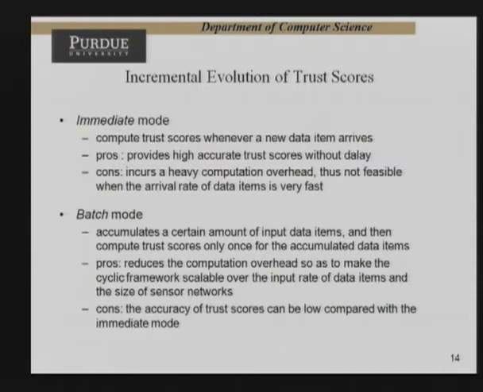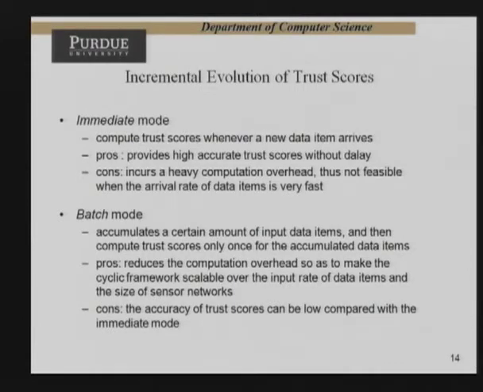Now we need to think about the performance of this cyclic framework. We can think about two approaches for incremental evolution of the trust score. In the intermediate mode, we compute the trust scores whenever a new data item arrives.